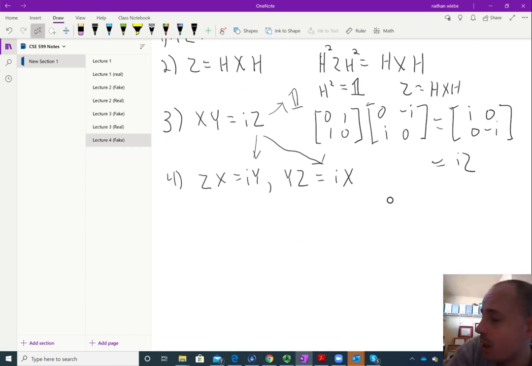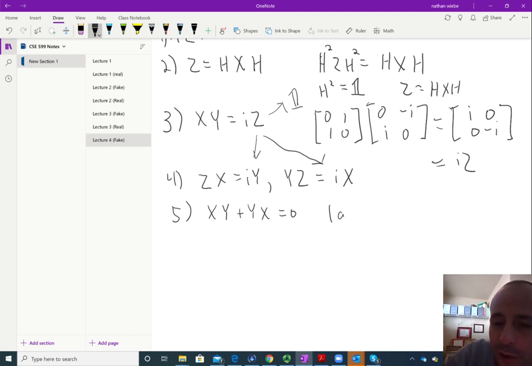So those are our operations. The next fun fact that's important is that XY plus YX equals 0. This property is known as anti-commutation.